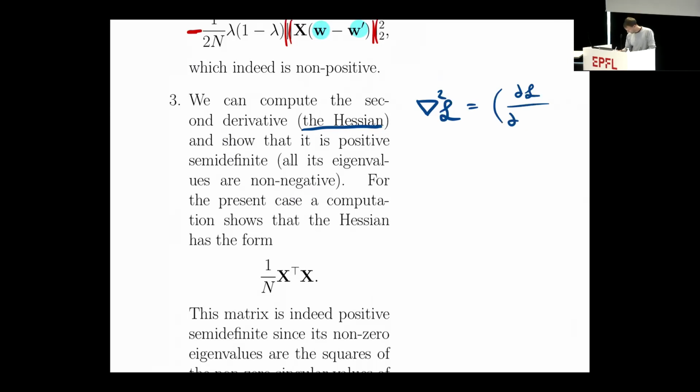So the change rate of the gradient. So if I have a gradient with respect to Wj, then how quickly does that gradient change with respect to Wi? That's what this does. So that's the ij entry of this matrix. And this matrix is called the Hessian matrix.